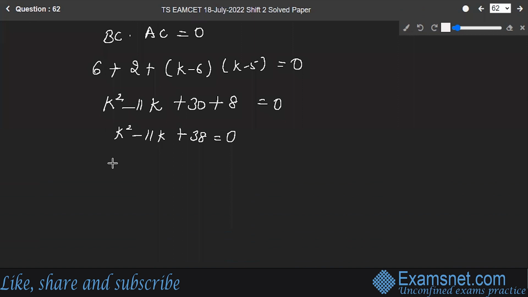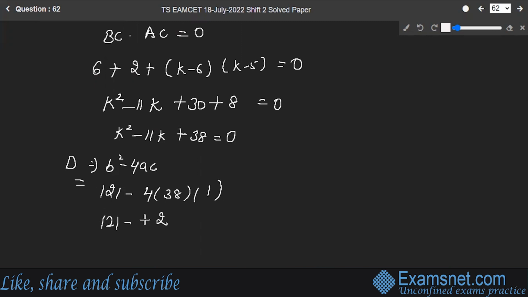Right? Over here, you will find that the discriminant, which is given by B square minus 4AC, is B square, 121, minus 4 into 38 into 1. So this is 121 minus 152. This is less than 0. This is a negative value.